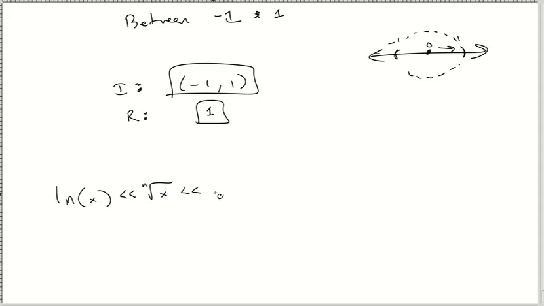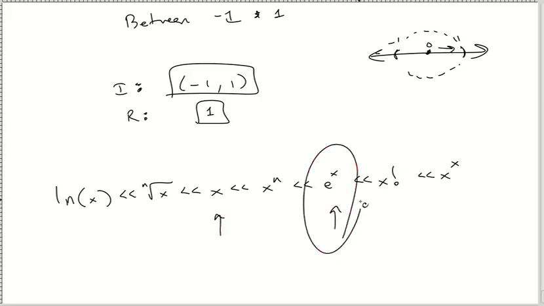So you got your logs, you got your roots, you got your linear term, you got your polynomials, you got your exponentials, you got your factorials, and then you got that power tower business. So I was looking right here, and I was looking right here, and this guy is stronger because he's bigger over time. He's more important. So he gets to decide what the rest of the series sequence limit stuff ought to be.